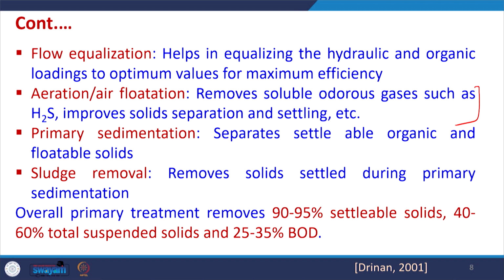Now, after this we have primary sedimentation and sludge removal. During this step it is desired to settle the organic and floatable solids, and it is done via coagulation and flocculation steps. Overall, a large amount of settleable solids and suspended solids are removed.